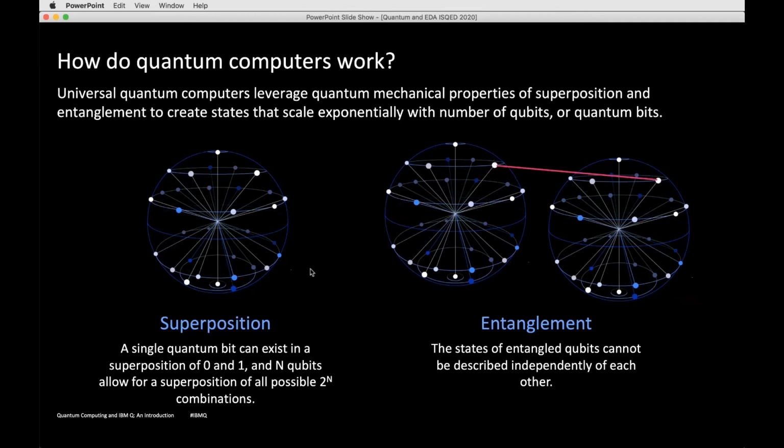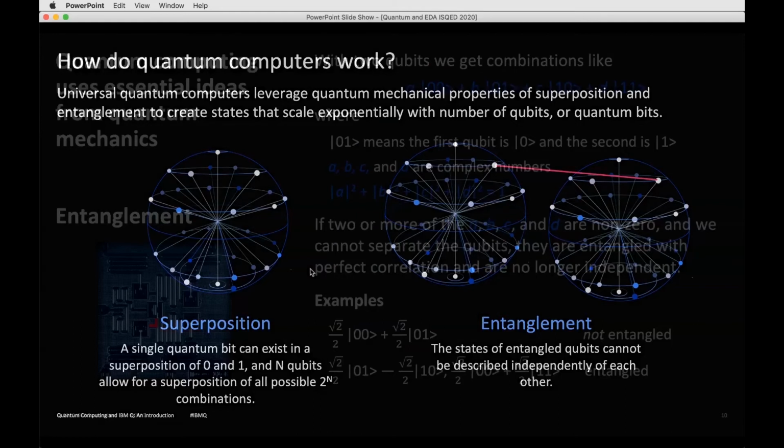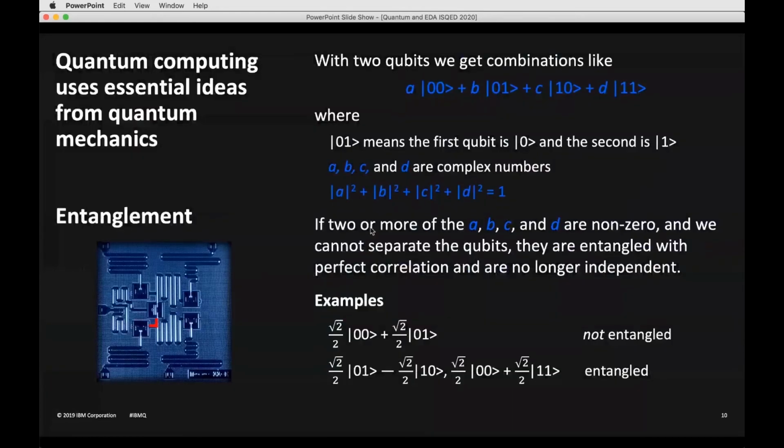So how do we notate this? Again, here is the state space that describes 2 qubits: a, b, c, d being complex numbers that describe the state where the first bit is a 0 and the second bit is a 0, or the first is a 0 and the second one a 1, and so on and so forth.